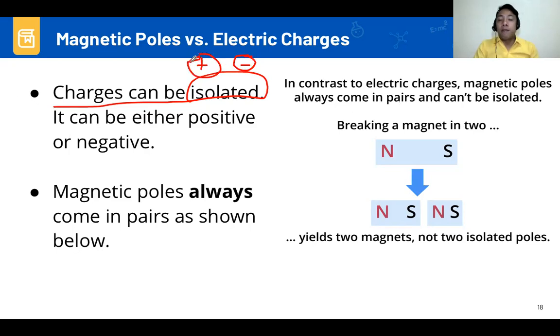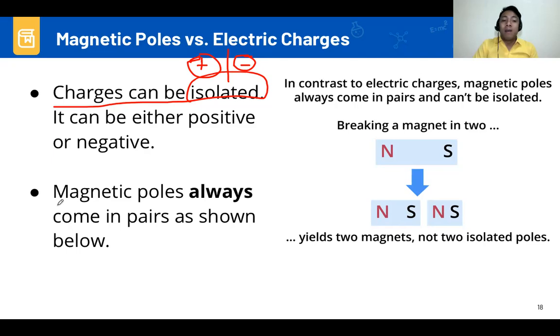If they are on like sides, they can attract, right? But the thing is, if we cut them, this part is only positive, this part is only negative. So they can be isolated as two. It can be either positive or negative, correct?